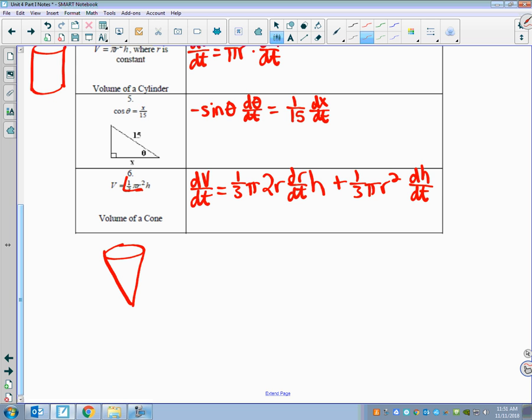And there's not a whole lot you can do to clean that up. I'm just going to leave it as a big mess. But notice that this would be the rate the volume is changing, this would be the rate that the radius is changing, and this would be the rate that the height is changing. And so what this means is we can do a whole lot of stuff now.